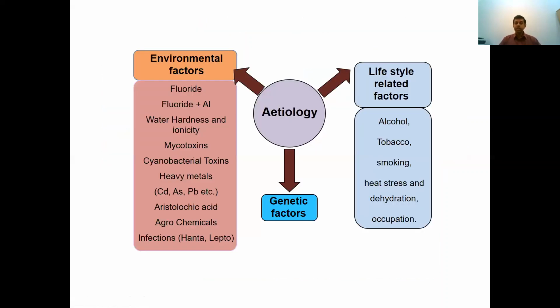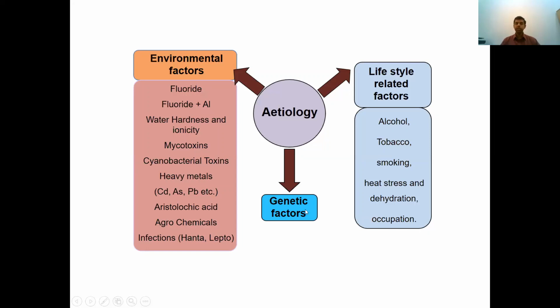And now it's nearly been 25 years since we started knowing about these conditions, and still we don't exactly know what the underlying etiology is. There are many theories as to what might be causing this CKDU in Sri Lanka. Some of them are environmental factors like fluoride, aluminium, water hardness, cyanobacteria, heavy metals like cadmium, arsenic, agrochemicals like glyphosate, infections like Hanta and lepto.